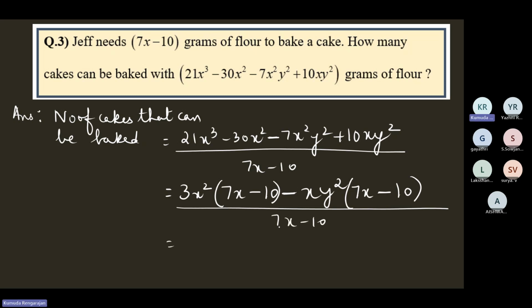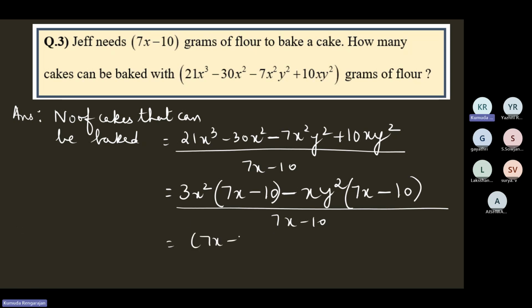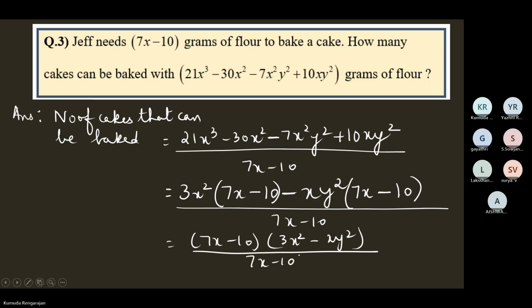Here you should not cancel, children. You should not cancel like this. That's wrong. So 7x minus 10 in one bracket and 3x square minus xy square in the other bracket, divided by 7x minus 10.